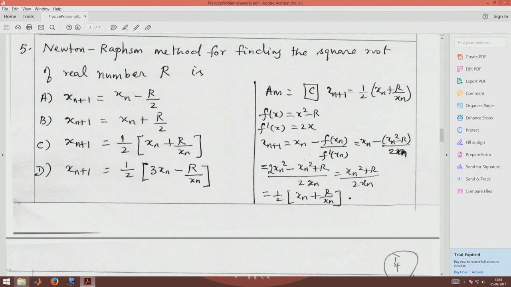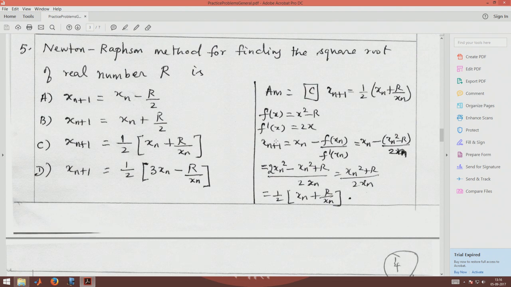Let us consider this example. Newton-Raphson method for finding the square root of a real number r. Is it any one of these is the question. Yes, take the Newton-Raphson method, take the function, you want to get the square root of a real number r. So, what is the equation that you want to solve? X square minus r equal to 0 is the equation. Call that as f of x.